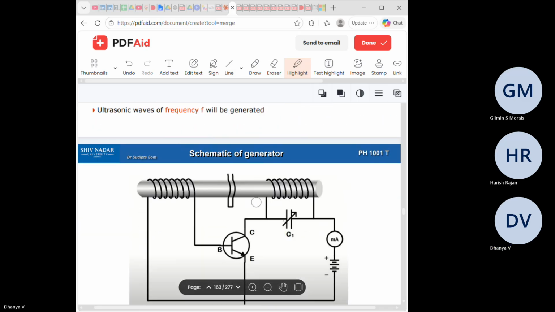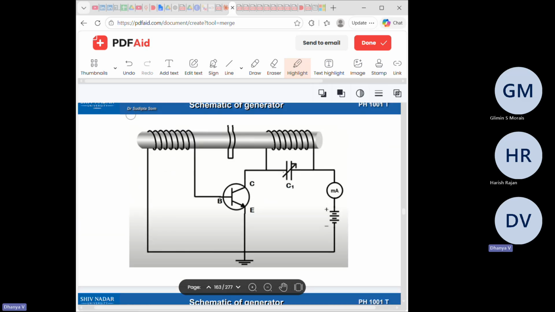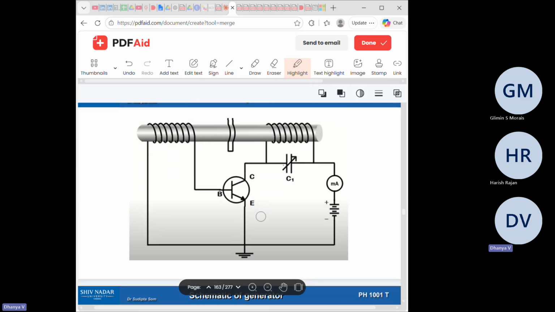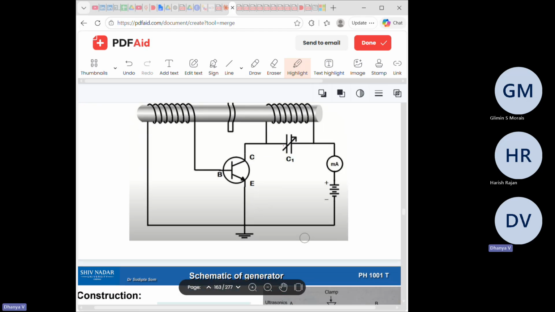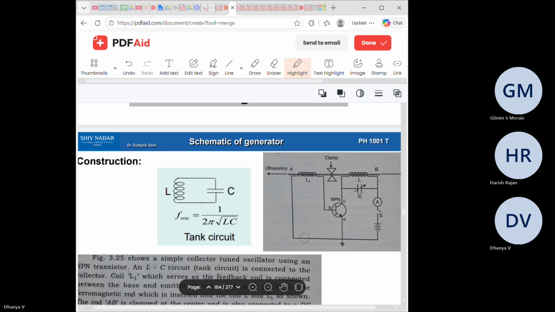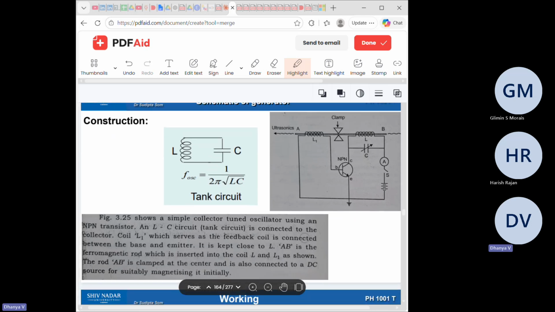That's all. So under this diagram, you have to also know, I think it's base, emitter, collector, all of that basic things. I'm sure you mentioned.